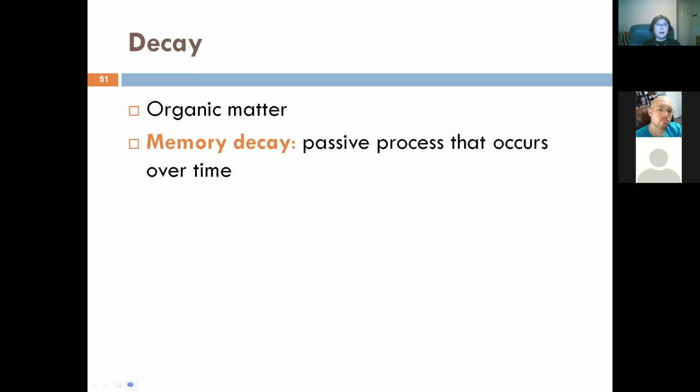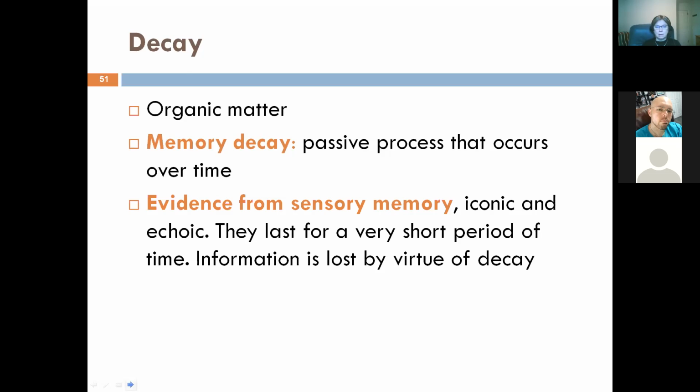Or think about an echo in a building. You yell, and you get an echo. It will disappear. Think about old photos in your house. They fade. They become yellowish and disintegrate. It's just the plain passage of time.